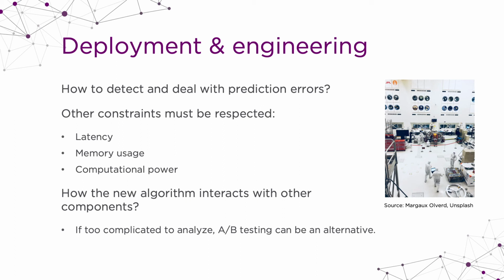The last point is, how to really evaluate the impact of having a better model in production. Maybe the model is just one little feature in my overall system, and even if I have a very good performance metric, maybe my user will not even see the difference. And it's important too to measure this. And if the system is very complicated, A/B testing is maybe the only way to measure it.